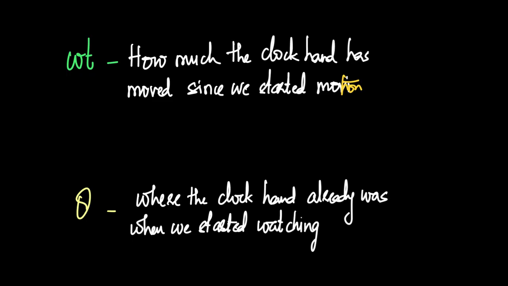My bad, this is not theta, this is phi zero. When we started watching, phi zero is where the clock hand was, and omega t is how much the clock hand has moved since we started watching the motion.